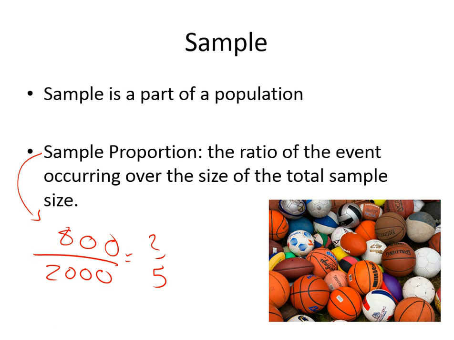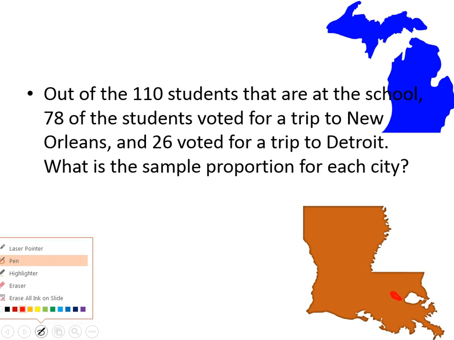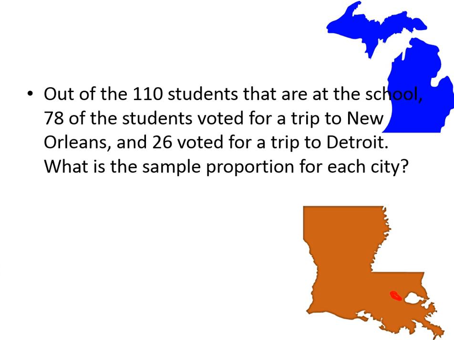So it's the number of times the event we're looking at occurs over the total sample size. Say there are 110 students at a school who are able to vote. 78 of the students voted that they wanted to go on a trip to New Orleans, Louisiana, and 26 chose Detroit, Michigan. Some chose not to vote or did not care.